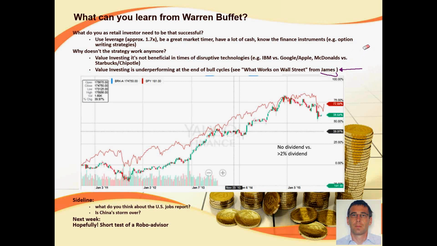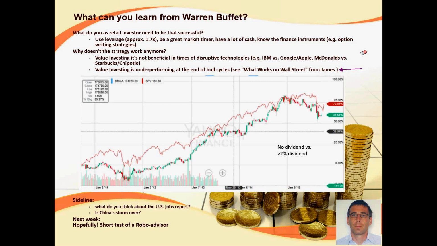And there you see that at the beginning of a bull market, value investing does really well, because people get more and more comfortable with buying stocks, but first they want to concentrate on the safe stocks. And at the end of a bull cycle, they change to trendy stocks. Right, momentum investing is the best strategy.